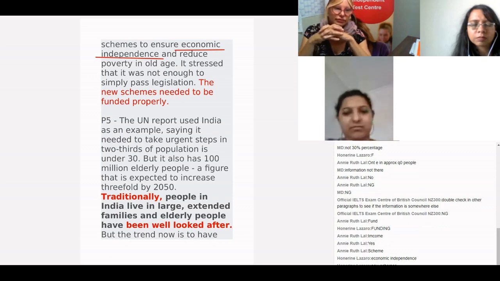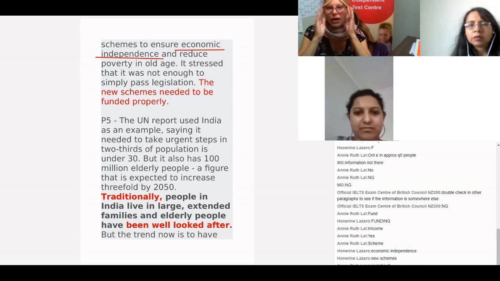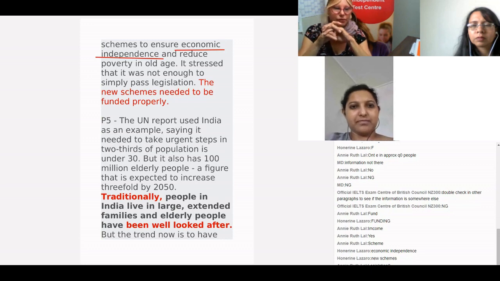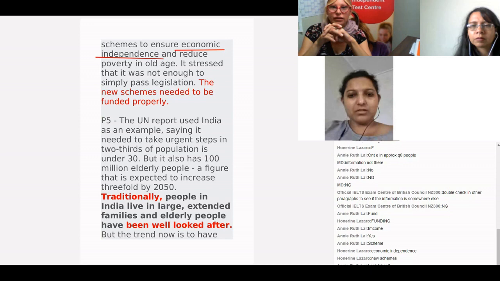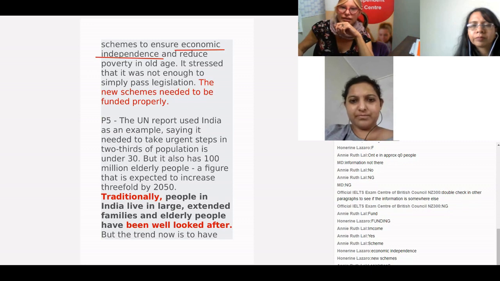Something to do with financing. Not quite, legislation. Starts with F. The first letter is F. Can you see that word there? Funded? Yeah, funding. So there is our word just there, funded.